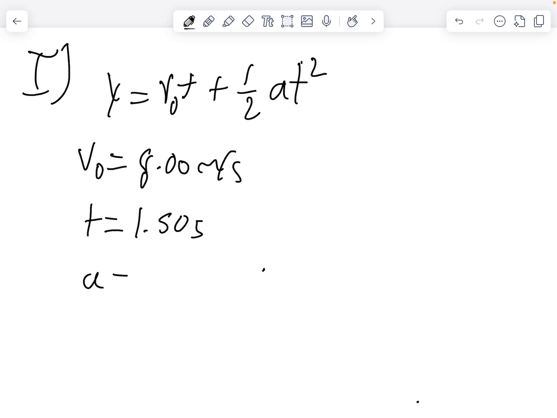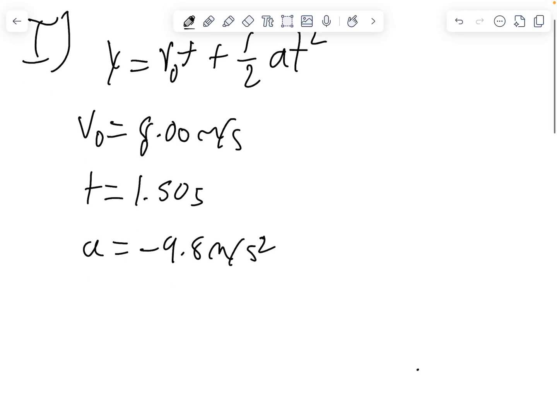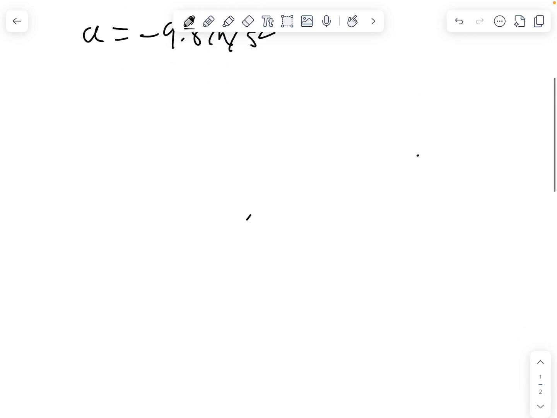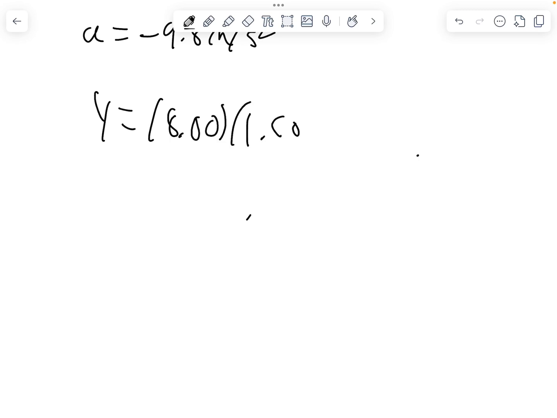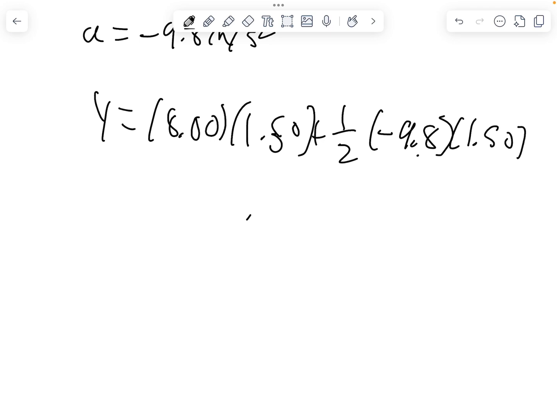And we know the force of gravity is usually 9.8 meters per second squared, unless you're on a different planet. So it'll be y equals 8.00 times 1.50 plus 1/2 times negative 9.8 times 1.50 squared.